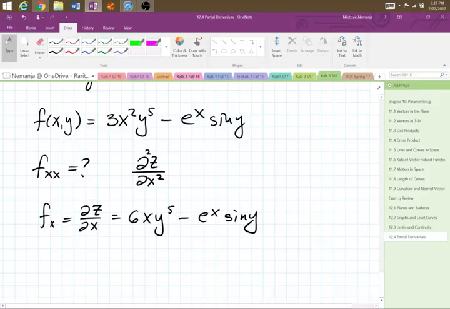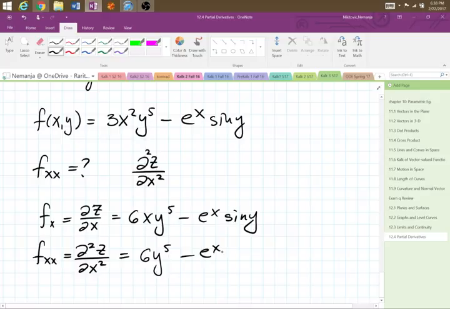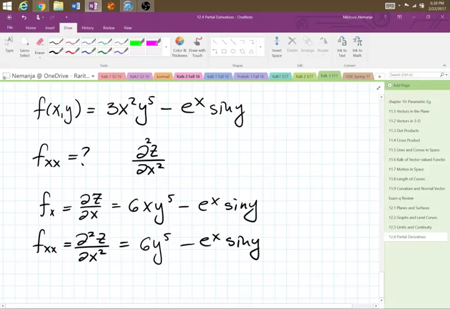And then you do another derivative with respect to x, and that gives us 6y to the 5 minus e to the x sine y. So it depends what functions you have, what survives, what dies. I will ask you to find now the second partial in y. So what's f_yy?